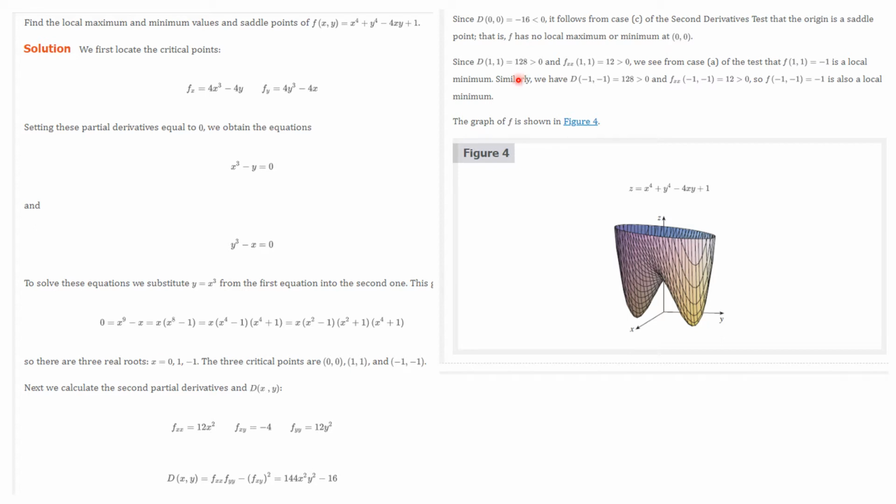And since D evaluated at (1, 1) is 128, bigger than 0, and fxx evaluated at (1, 1) is 12, bigger than 0, we can see that f of (1, 1) equals minus 1 is a local minimum, and similarly this is also a local minimum. So the graph is going to look like this. We have two local minima, and that is what we have for this solution, and there's the graph.